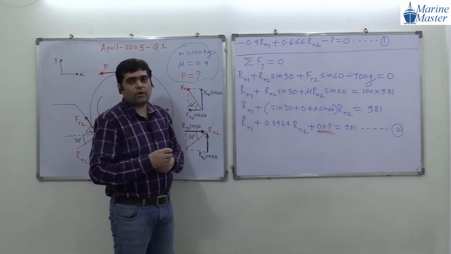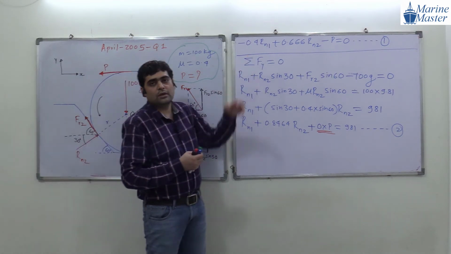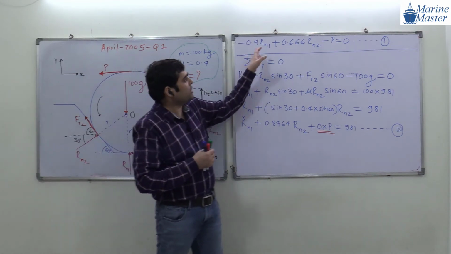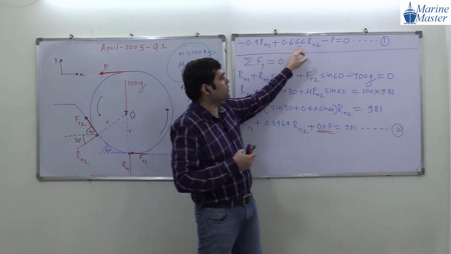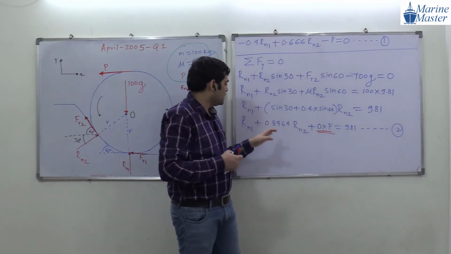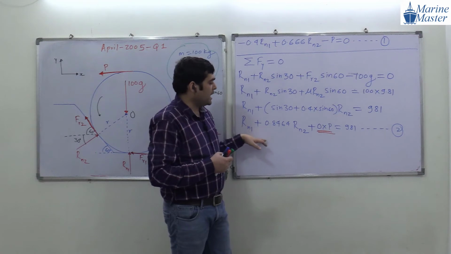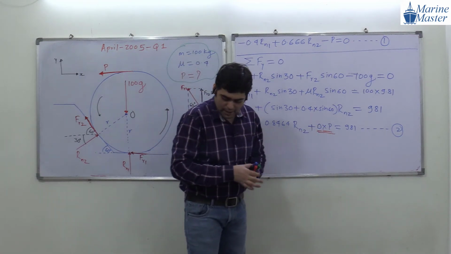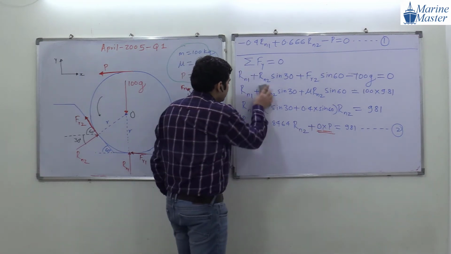So we got it. Now what have we got? We got one equation in terms of Rn1, Rn2 and p, and the second equation is the same, in terms of Rn1, Rn2 and p. Now try to see the scenario here.